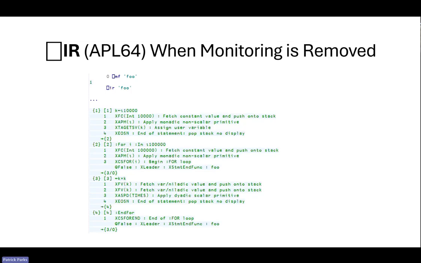You want to get rid of those, and you can do that either by using QuadMF with a 0 argument for all the functions that you want to turn monitoring off on, or you can redefine your functions like QuadDef, QuadVR of each instance of your functions, which will also dispose of all the monitoring information. Anyway, that's just to illustrate that.